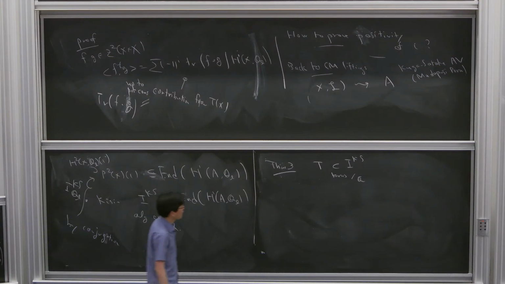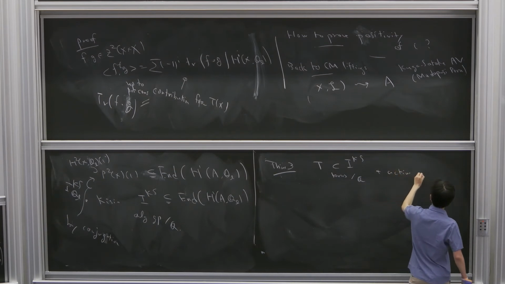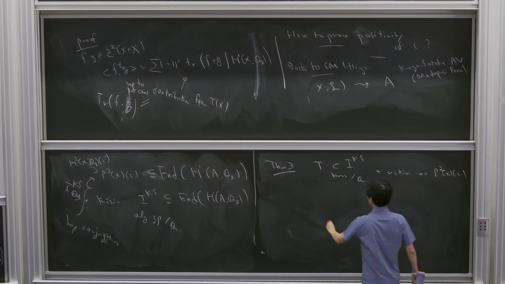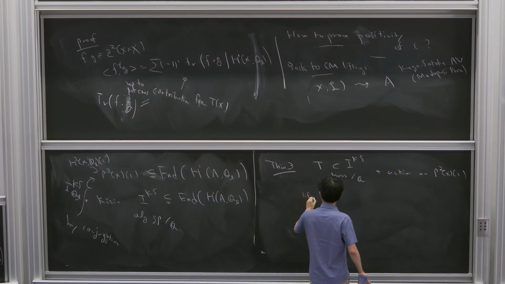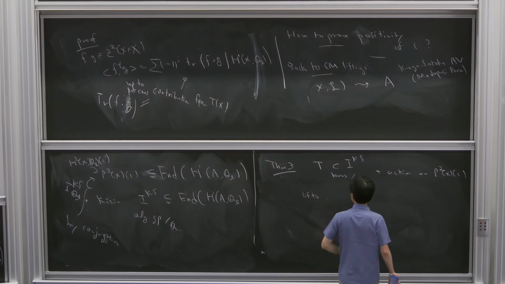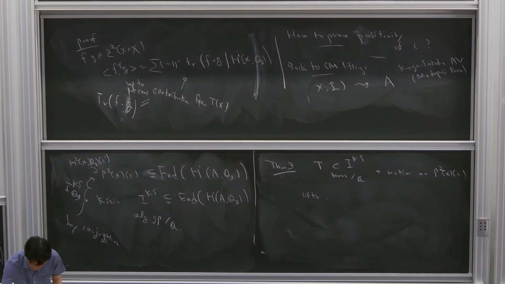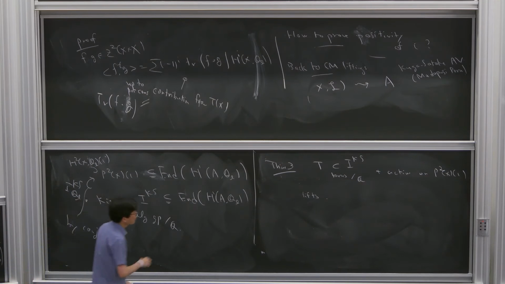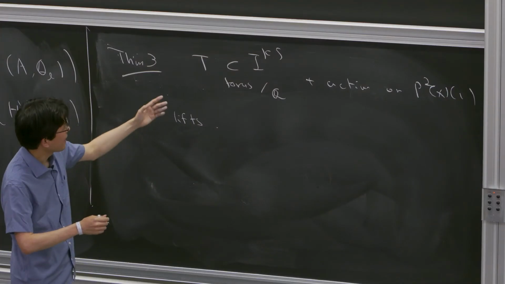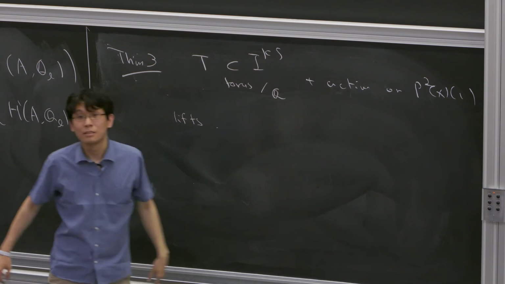And the claim is that this torus action on P2(X)(1) lifts to characteristic 0. And so when I say sufficiently many, I mean endomorphisms coming from this action.